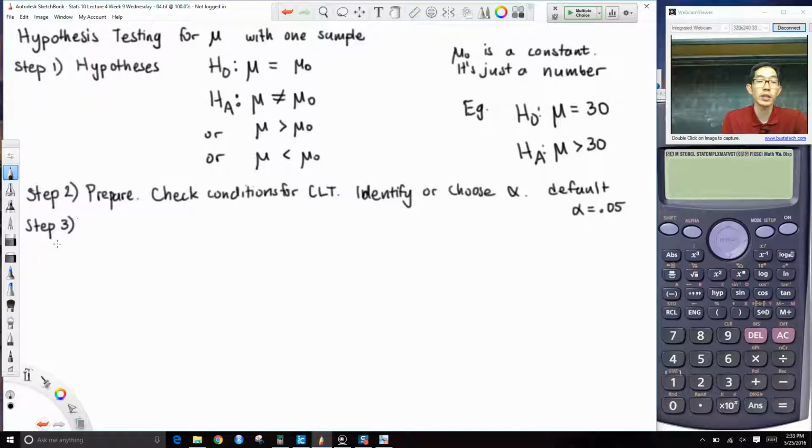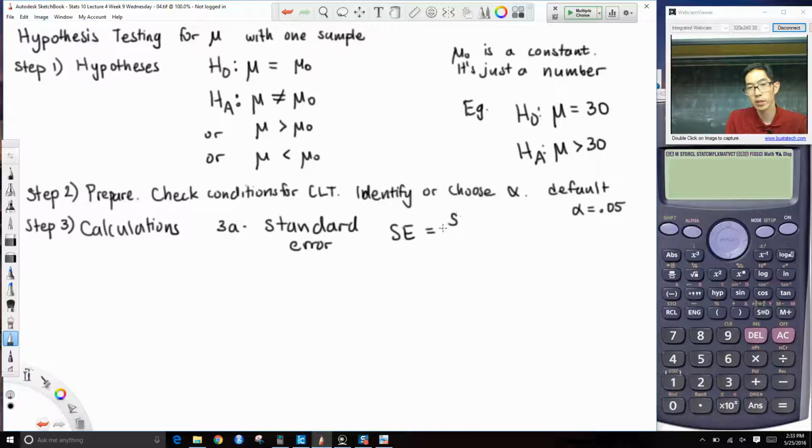Okay, step 3 will be your calculations. So 3a will be find your standard error. So the standard error is equal to s over the square root of n.